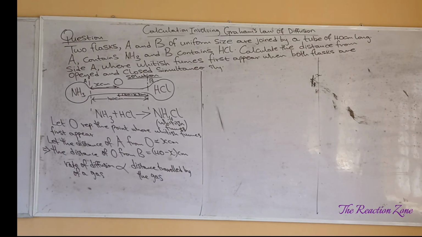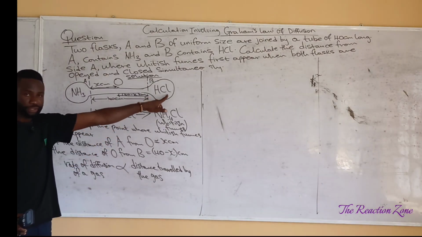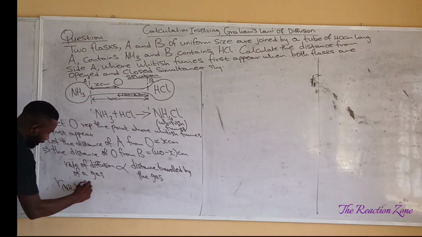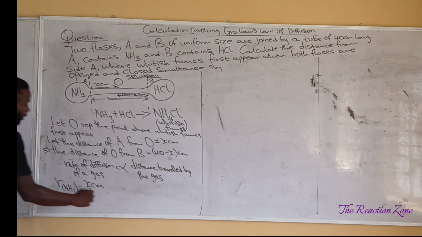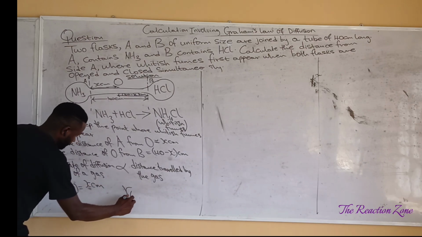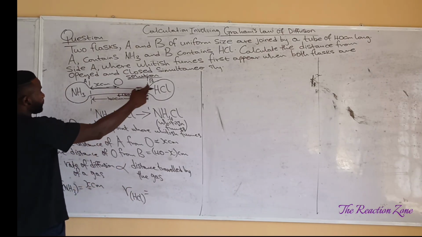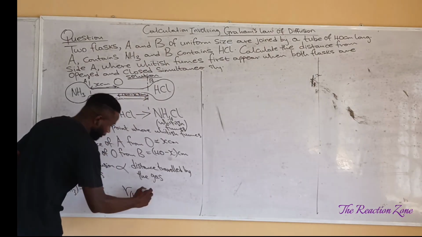So, for this question, we'll be representing the rate of diffusion of ammonia as well as the rate of diffusion of HCl with the distance traveled by each of these gases from the flask to the point O. So, what that obviously means is that the rate of diffusion of ammonia, which is in flask A, will correspond to this distance, which is x centimeters. And the rate of diffusion of HCl, which corresponds to the distance of O from B, is 40 minus x centimeters.